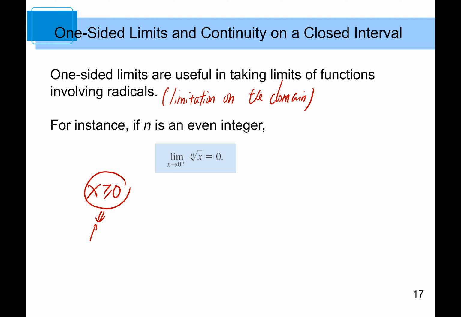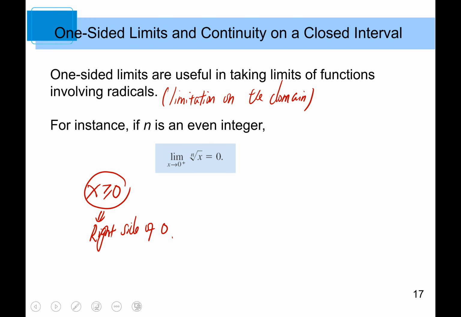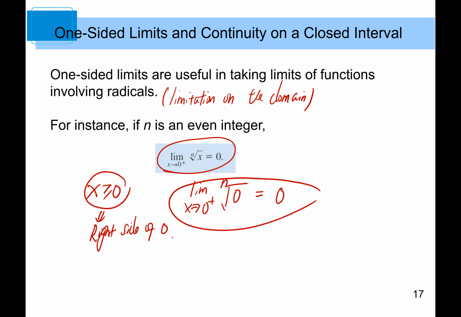This is right side of 0. That's why we can only have a right side limit when x approaches 0 on the right hand side for the nth root of x. And then it's 0 because we do direct substitution. Just replace x with 0. Taking any root of 0 becomes 0. That's why the limit equals 0.